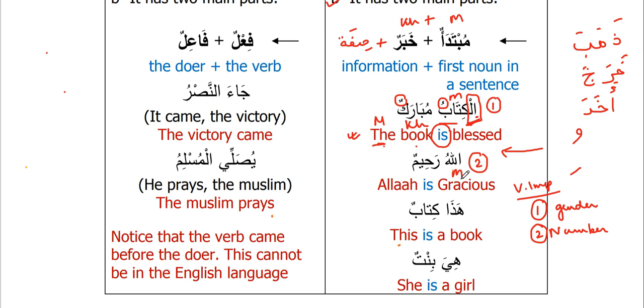When we do the i'rab, we say the noun Rahimun has a tanween, Mubarakun has a tanween. You should not take the name of Allah and say Allah has a dhamma, a kasra, or a fatha. You should refer to it as Lafzul Jalala.